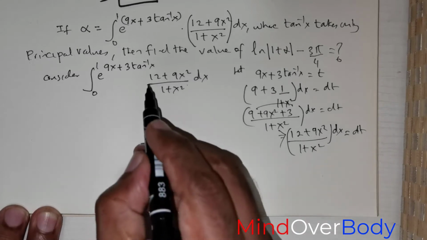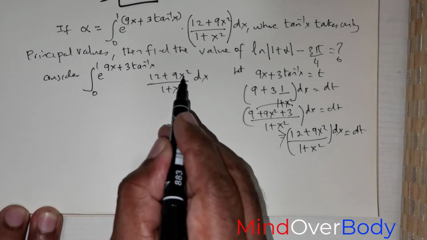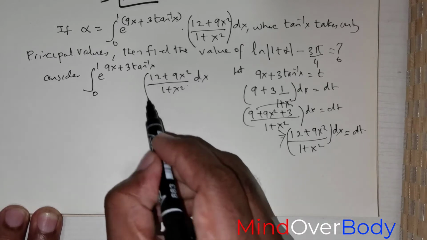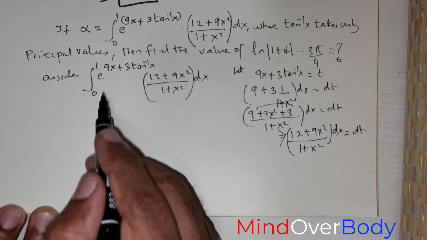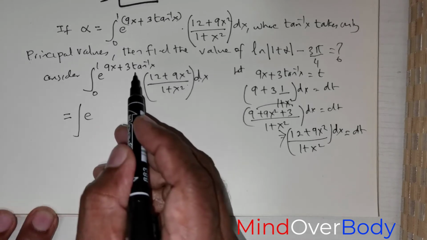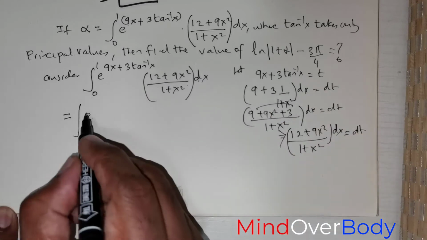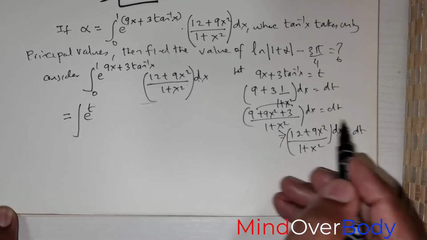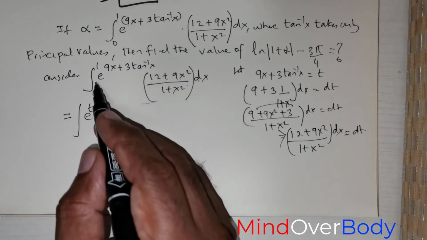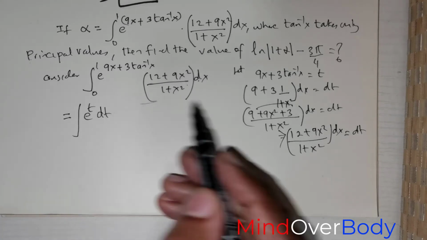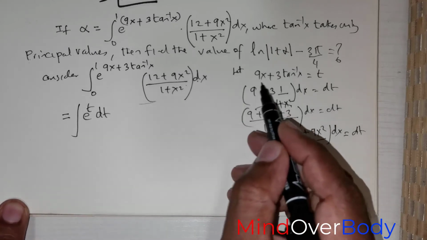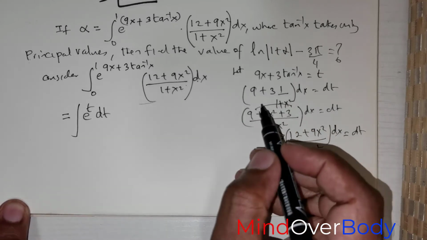So now we can clearly see that 12 positive 9x squared times dx divided by 1 positive x squared is already available here, and I can rewrite this as e raised to the power of 9x positive 3 times tan inverse of x is t, and this entire quantity is dt. Now the limit comes into play. Now what are we going to do? So I would be changing the limits using the method that I've just mentioned.